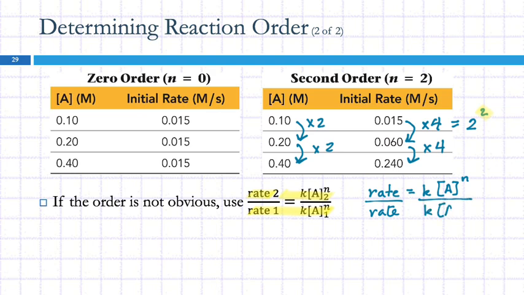And this is for the same compound, but at a different concentration, the rate's going to be different. Is the rate constant going to change? We have the word constant in its name. The rate constant is constant, right? So that cancels out.